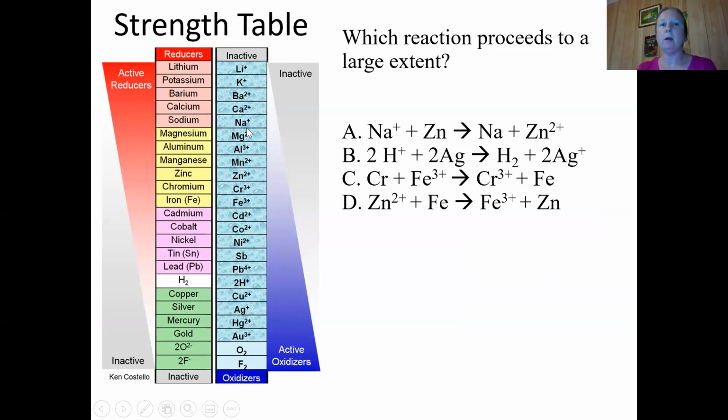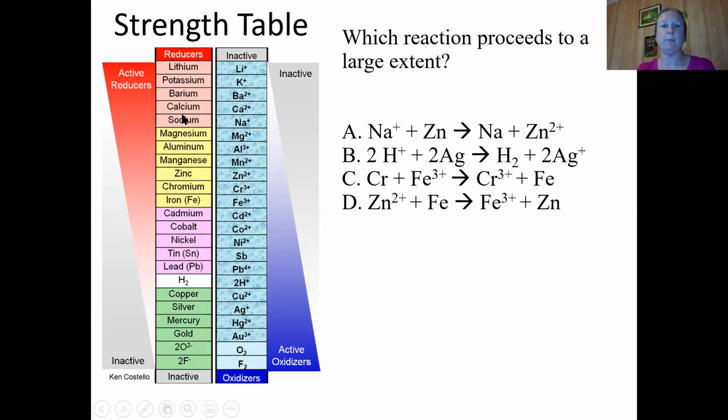Zinc will not react with sodium ion to cause sodium because zinc is a weaker reducing agent than sodium. That will not happen. The other way could happen: if this were written in reverse, sodium could react with zinc ion to make zinc metal, but the way it's written for A will not happen. Sodium ion and zinc metal are not going to make sodium metal.